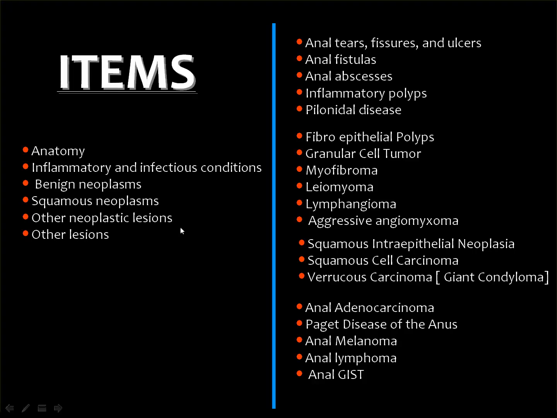We want to talk about the anatomy of the anal canal, and to discuss some of the inflammatory and infectious conditions like the anal fissure, the anal fistula, the anal abscesses, polyps, and pilonidal disease.